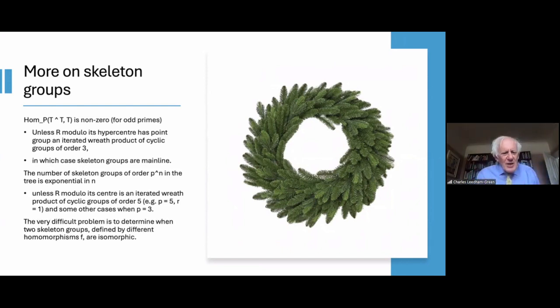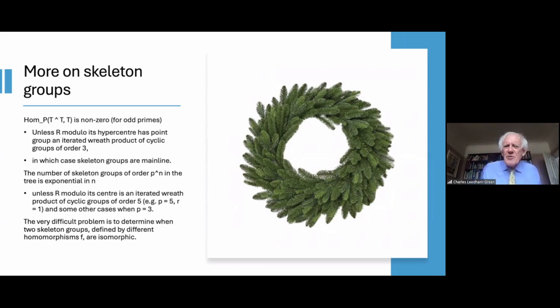So we can construct these skeleton groups. We can construct the homomorphisms from T wedge T to T reasonably well. There are always difficulties here and there, but we've got a pretty good grip on the homomorphisms from T wedge T to T, and we can sort of turn the handle and construct these groups. But it's very difficult to decide theoretically when two are isomorphic.